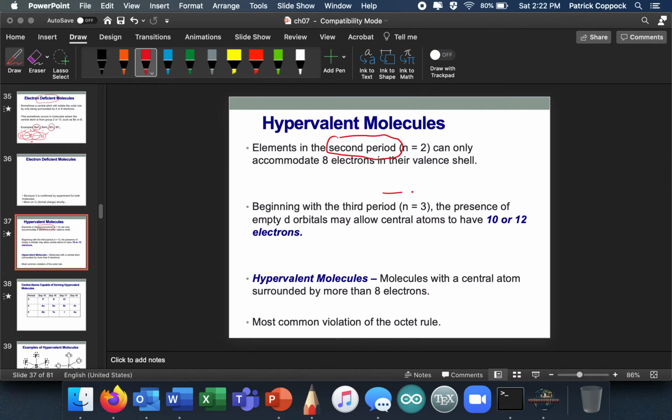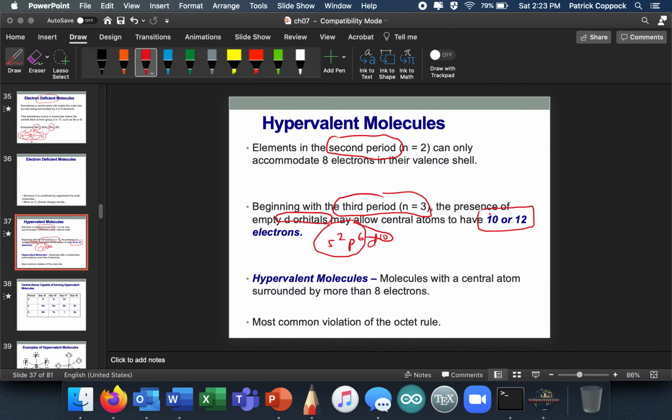But in the third period, n is equal to 3, we actually have access to d orbitals, right? So s has a capacity for 2, p has a capacity for 6, d actually has a capacity for 10. So normally s and p are the only ones that are filled, and that's why we have an octet. But we can have some orbitals in d. In other words, we can actually fit more. So sometimes a central atom may have 10 or 12 electrons.